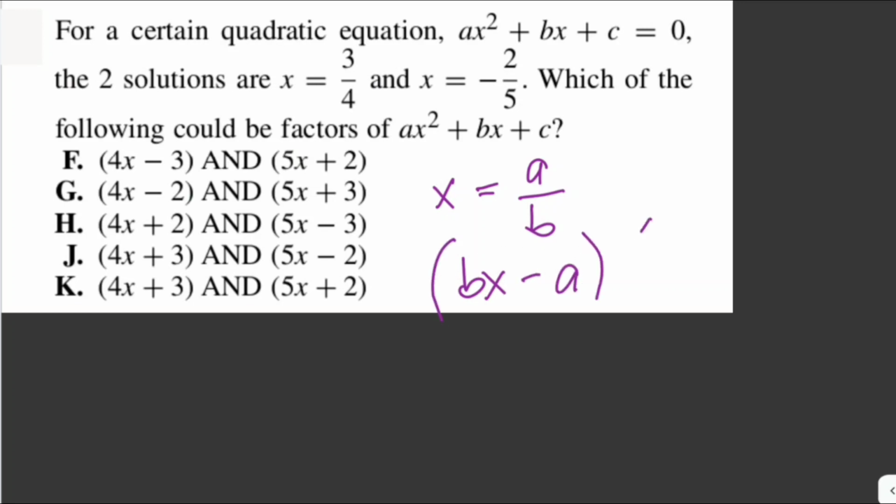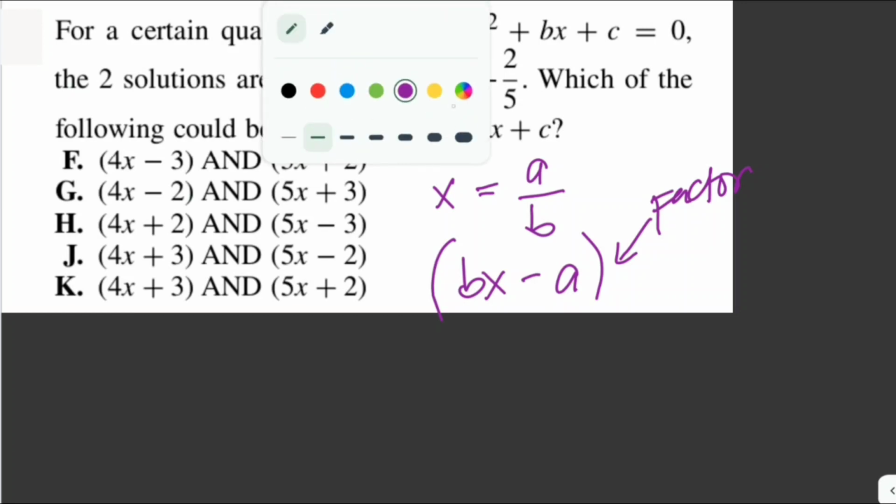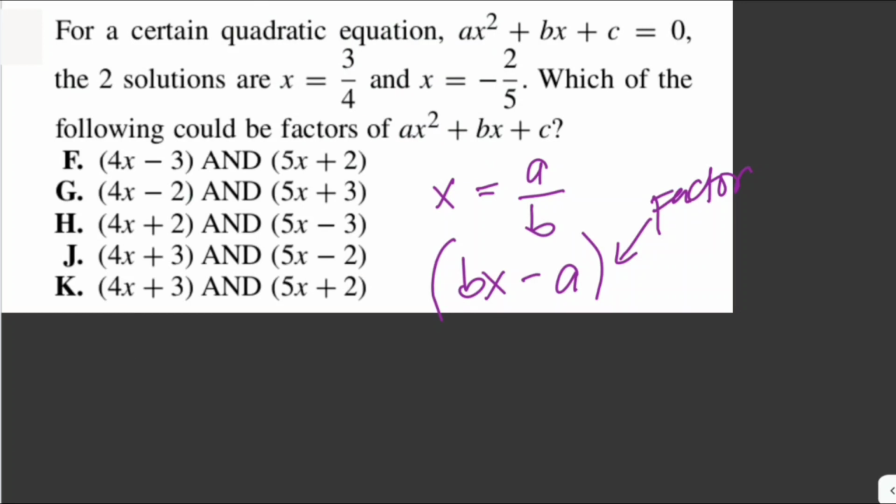This should be the factor. Since the two solutions for ax squared plus bx plus c here are 3/4 and negative 2/5, it's possible that the factors are, so this is x equals 3/4.